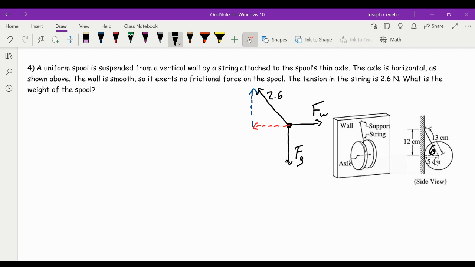So I don't have my scientific calculator on me, but I can do it. I'm going to do 5 divided by 13, and then the inverse cosine, because that was adjacent over hypotenuse. My phone calculator, which I'm not so good with, is telling me that this is 67.4 degrees. So I hope that's right.